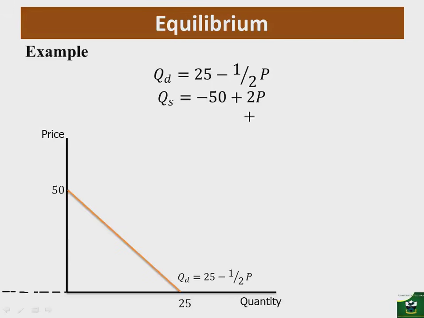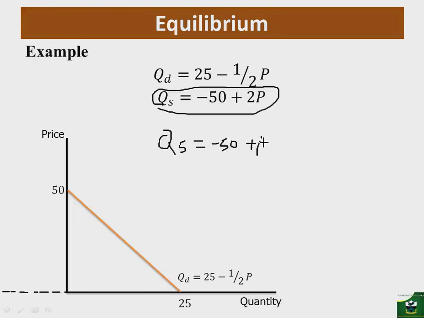So to find the horizontal intercept, remember the value of P, which is the price, will be 0. So with that, getting the supply equation which we are working with, the quantity supplied will be equal to negative 50 plus 2.